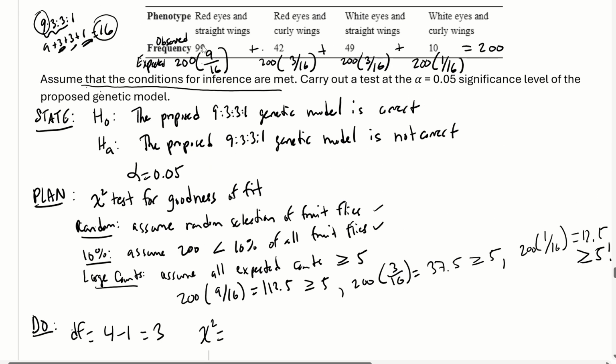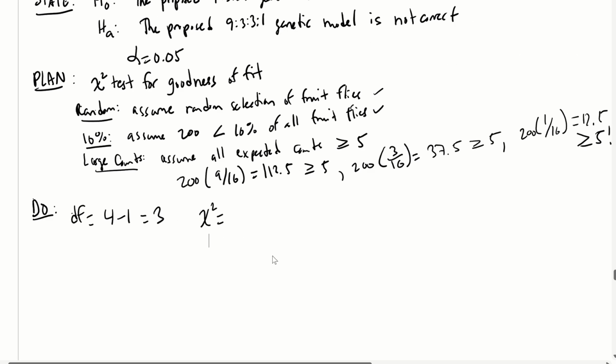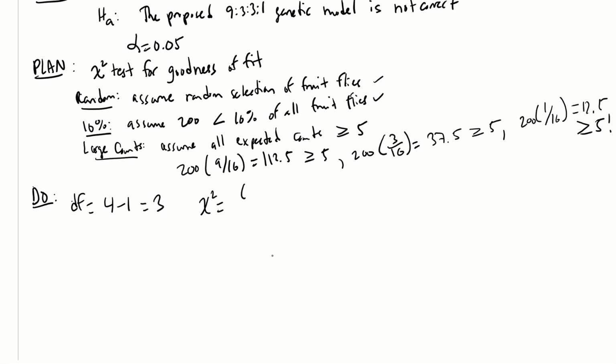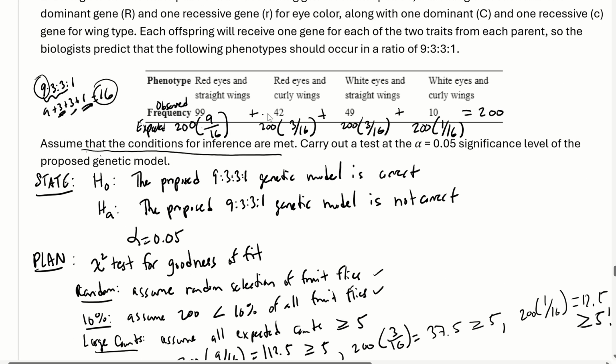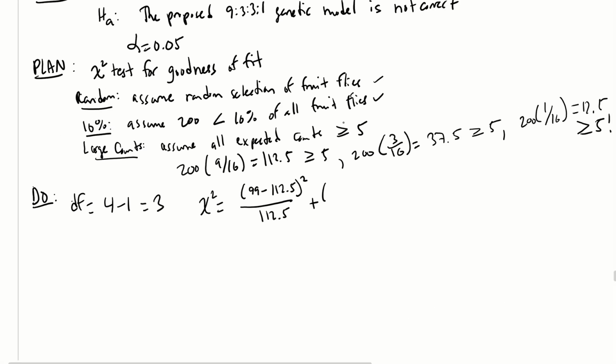So we have 99 minus 112.5 for the red eyes and straight wings, squared, divided by 112.5, plus 42 minus 37.5 squared divided by 37.5.